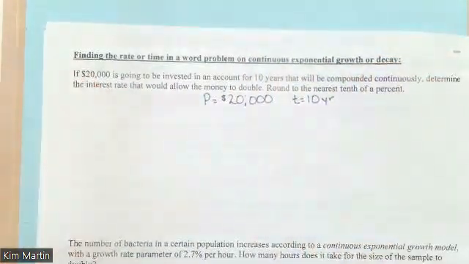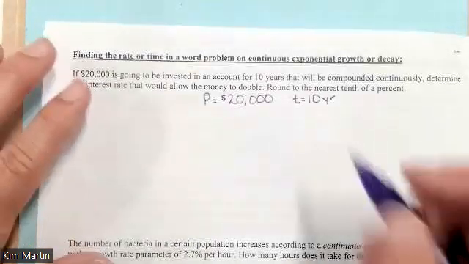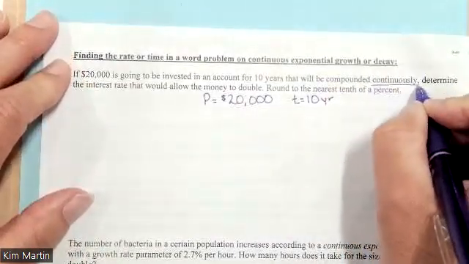By the way, did she tell you what to do if it was like 8 months? Because you might see that in Alex. I doubt it, but if it gives it to you in months, all you have to do is put it over 12. If it's 8 months, it'd be 8/12. 7 months, 7/12. All right. That will be compounded continuously.